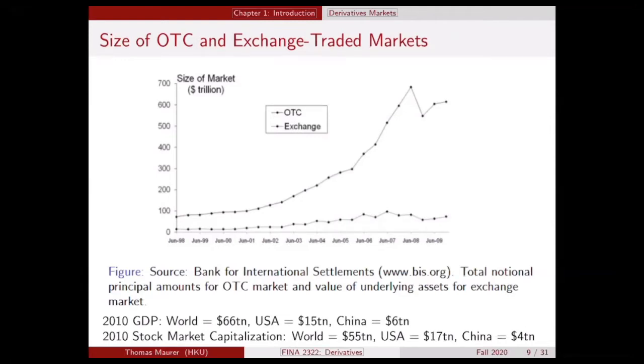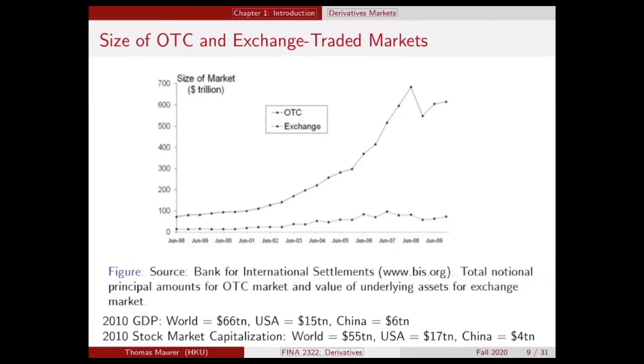Now, just to show you the relevance of over-the-counter traded markets, these OTC versus the exchange-traded markets, the line here on top shows you the market size in trillions of US dollars of over-the-counter traded derivatives, while the line here on the bottom shows you the size of the market of the exchange-traded derivatives.